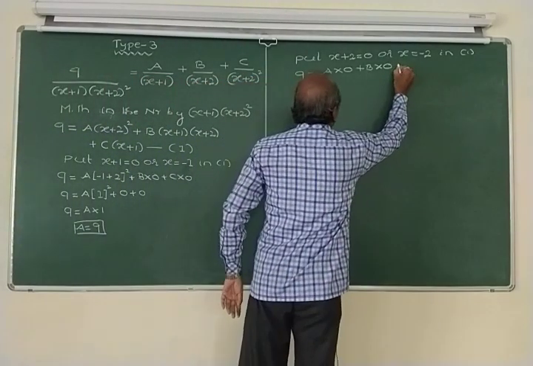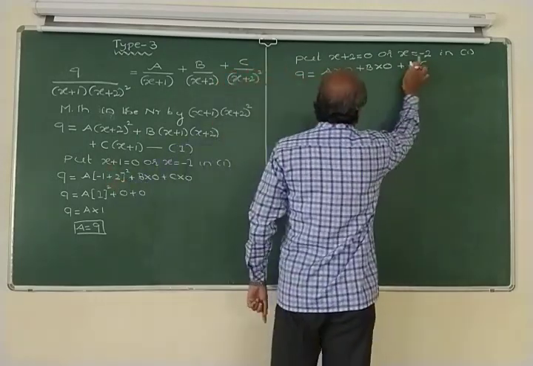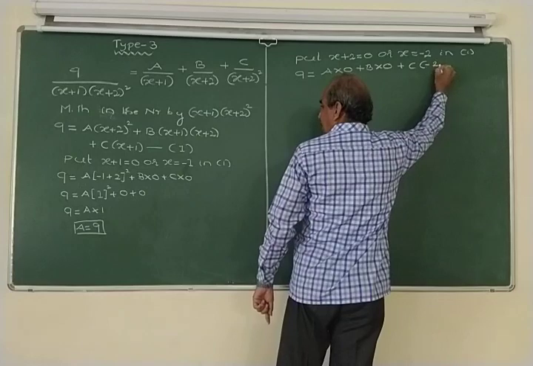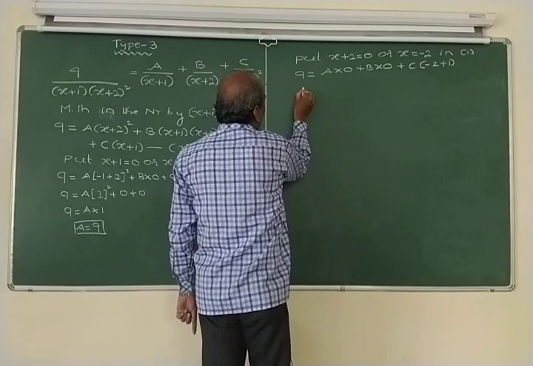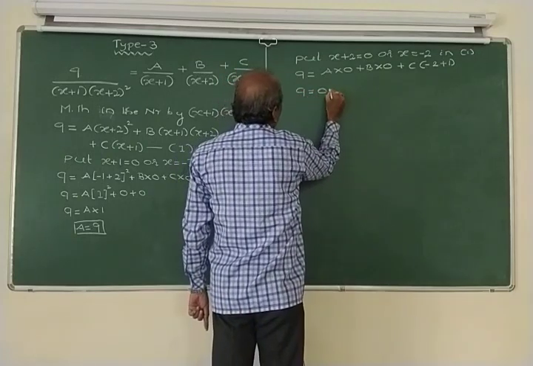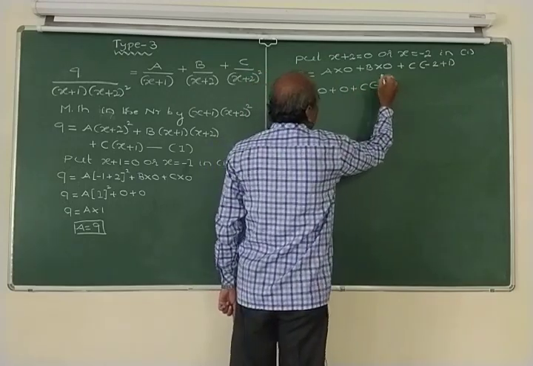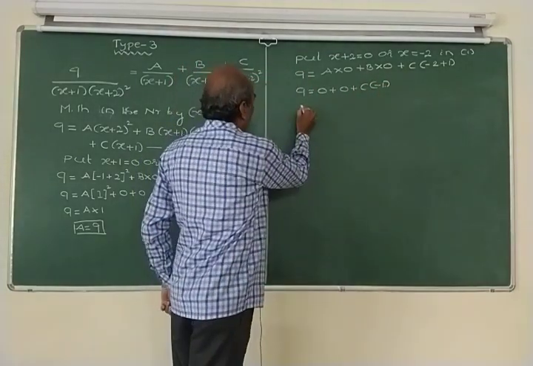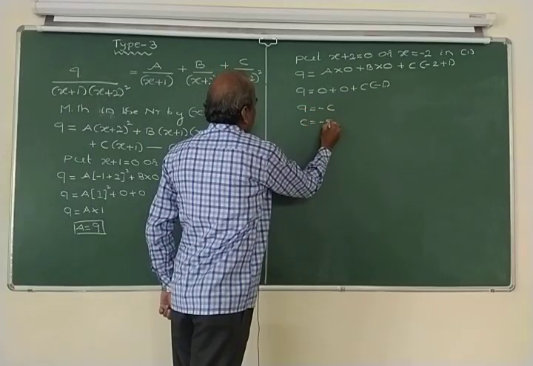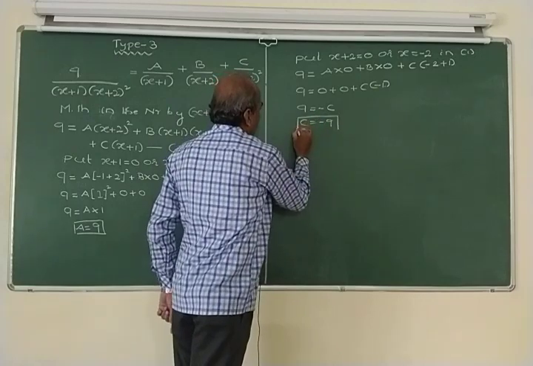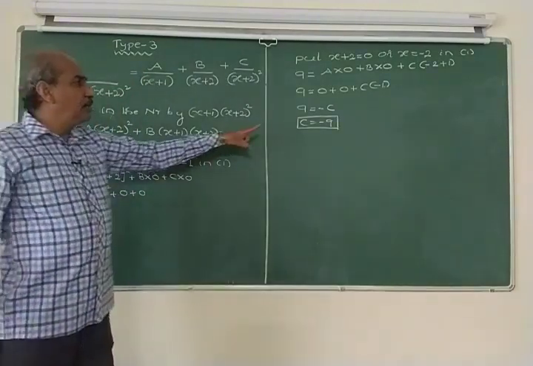Plus c times, x is equal to minus 2, minus 2 plus 1. So, 9 is equal to 0 plus 0 plus c times that is minus 1, or 9 is equal to minus c, c equals minus 9.